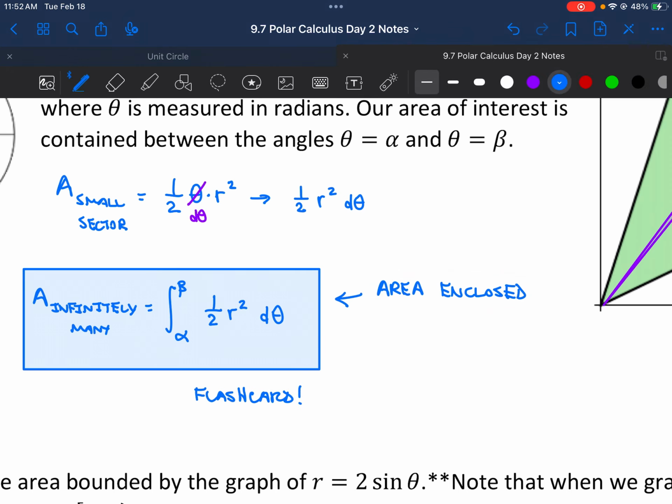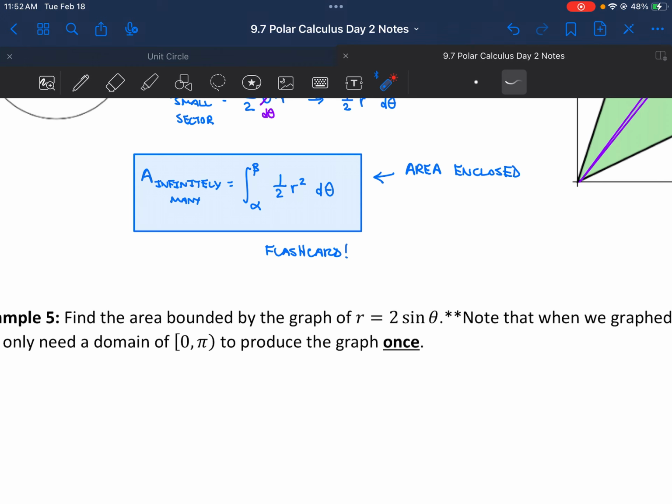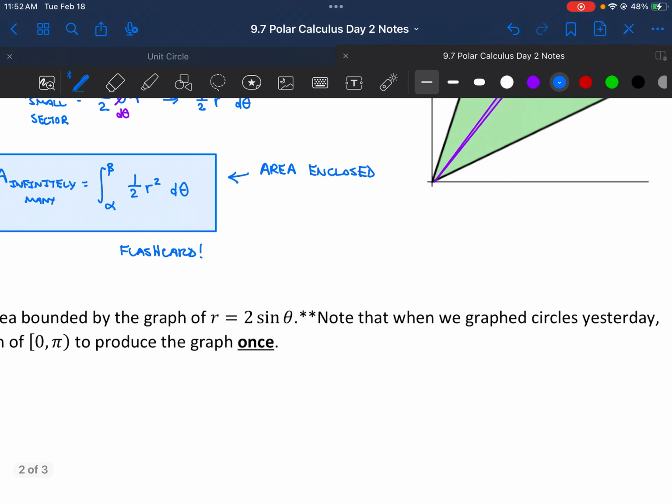All right, so let's try a quick example here. Find the area bounded by the graph of r equals 2 sine of theta. Note, by the way, that that follows the format of a circle. This is a circle, diameter 2, which means radius 1.